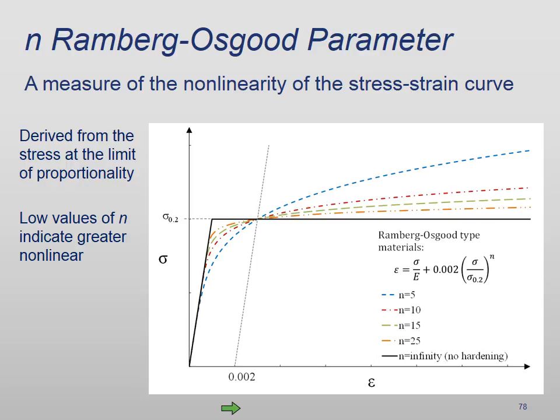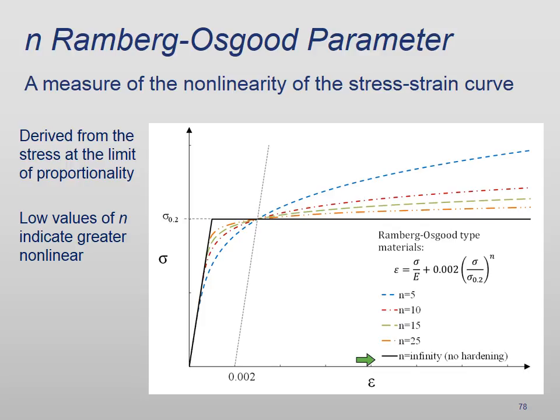So if you look at this black line, this continuous black line here, this is an n value of infinity. So there's no strain hardening, and we often simplify the carbon steel stress-strain curve like this, as a bilinear elastic plastic stress-strain curve.